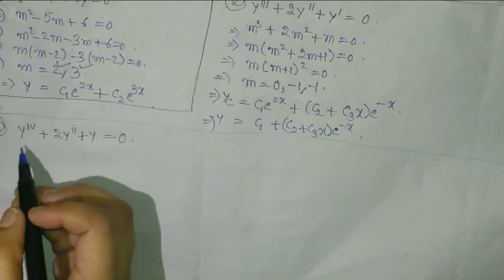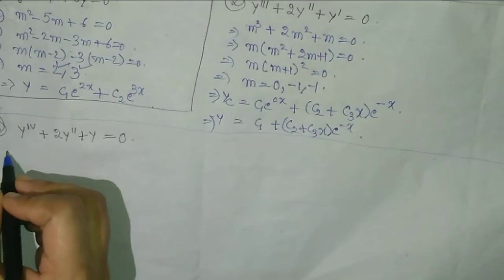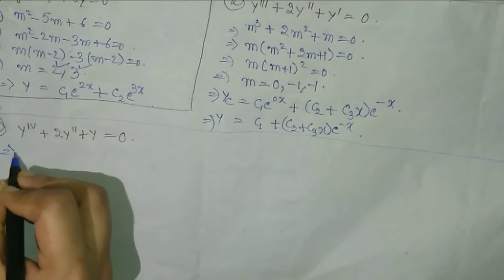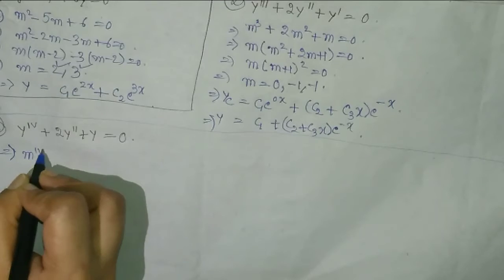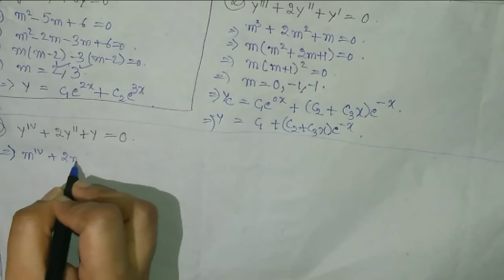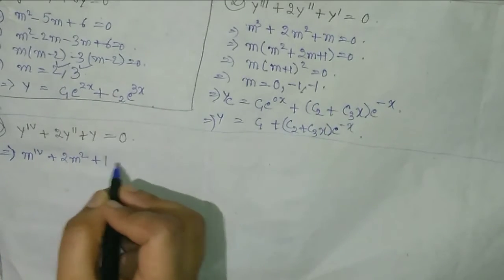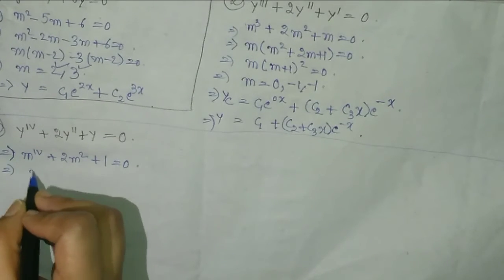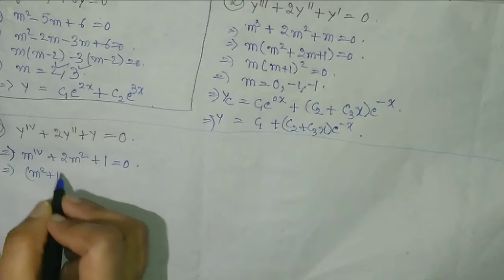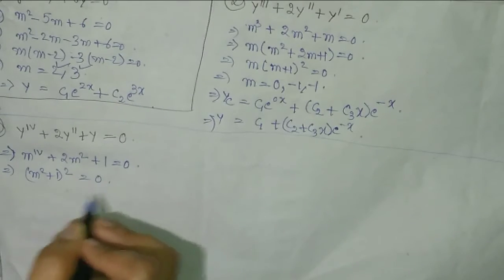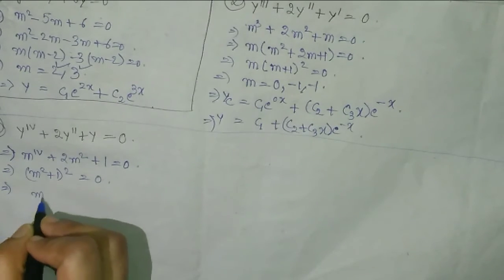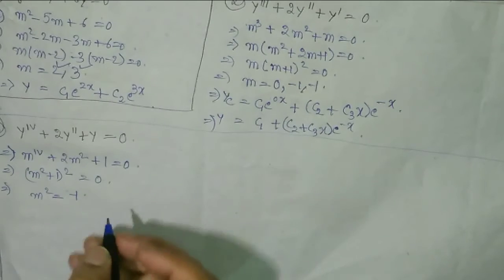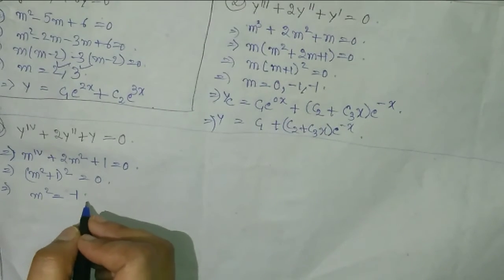If this is the question, then its auxiliary equation is given by m^4 plus 2m^2 plus 1 equals 0. Now this is (m^2 plus 1) whole squared equals 0. So m^2 equals minus 1, minus 1.